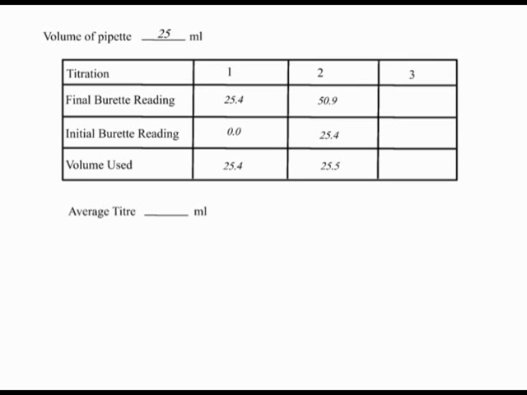Let's say I have a burette that can hold up to 60 milliliters. At this point, I will have to refill it up to the 0 mark. So the initial reading is 0. And let's say the final reading for the third titration is 25.3 milliliters. The used volume will be 25.3 milliliters.